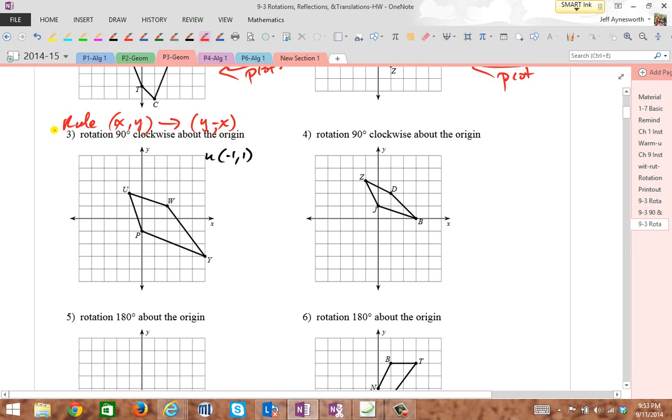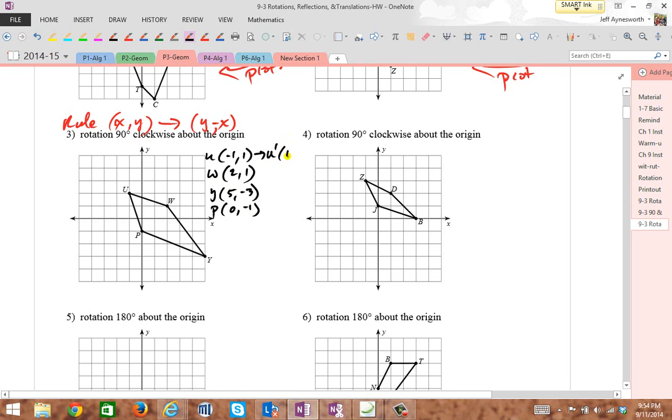Okay, so let's see here. W, that's 2 comma 1. Y, that's right 5 down 3. And P is just down 1, so that's just 0 comma negative 1. So here we go, U prime.